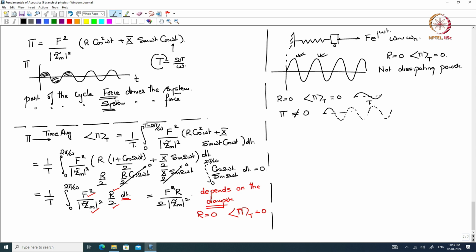In certain parts of the cycle the force pumps in power, in other parts of the cycle the force takes it back, and through this interaction you have a build up of amplitude close to resonance, although on average the power is 0.